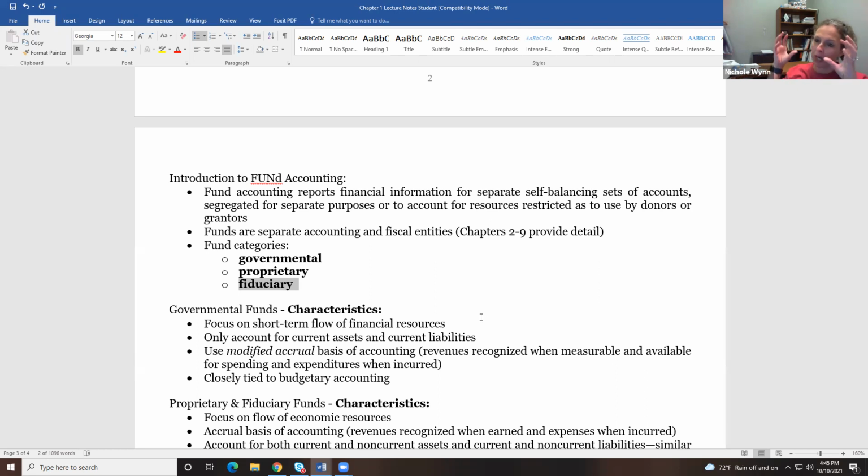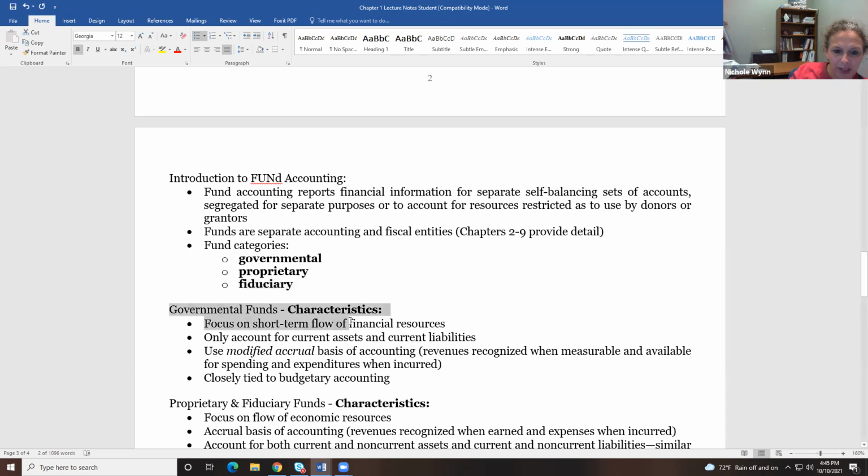Perpetuity would mean we're going to put money in and we're going to say, we're going to give you this $1 million and you guys are going to rebuild the park. And then you're going to maintain the park with this money. And so the profits from the money that sits in perpetuity, meaning forever, will be used to maintain the park and make sure it stays in good condition. So that would be an example of a fiduciary type.